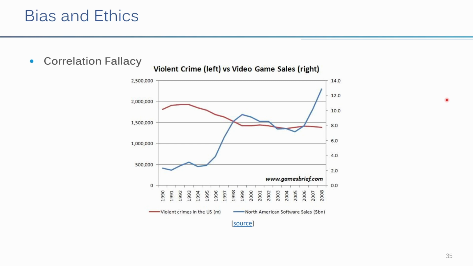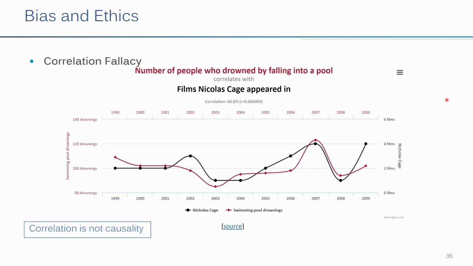Make sure that the variables are indeed not affecting one another, and also that you're not simply overlapping your findings and using that as a justification to say that two aspects correlate with one another. Another interesting example, though, is that the number of people who drowned by falling into a pool is quite correlated with the films that Nicolas Cage was in. This is quite funny, but in any case.